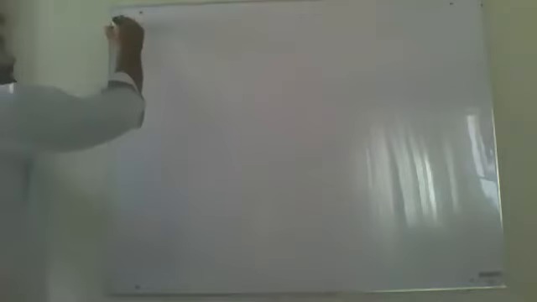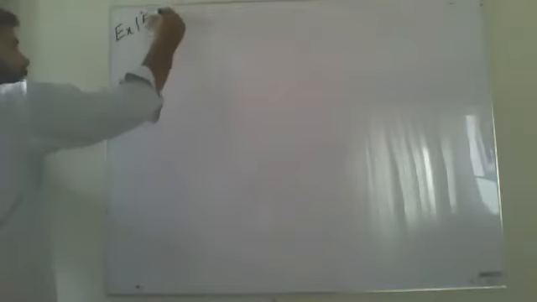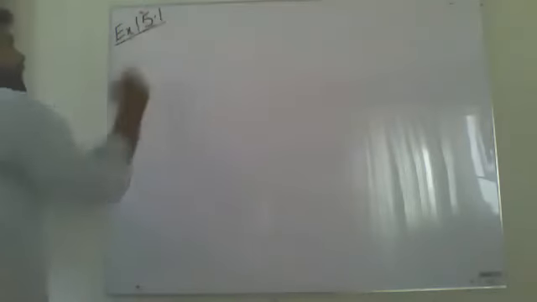Okay. Now, this is our chapter 15, and right now I'm working with exercise 15.1. I'm giving you a question from the book, so you can have a record also.